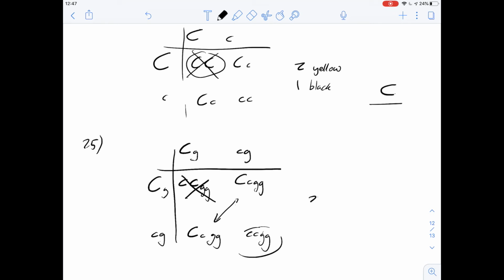That gives us a 2-to-1 ratio. In other words, 1/3 of them will have this phenotype here, which is a third that are black spotted. So that gives us an answer of C for number 25 as well.